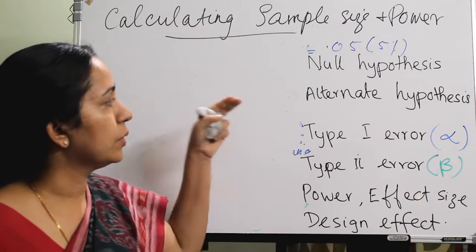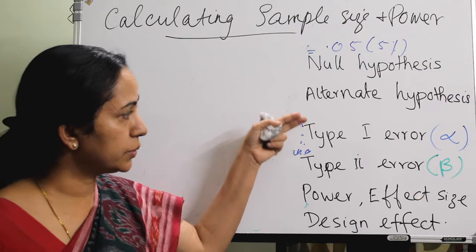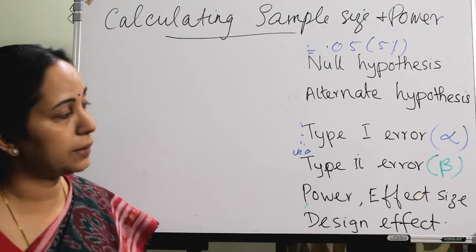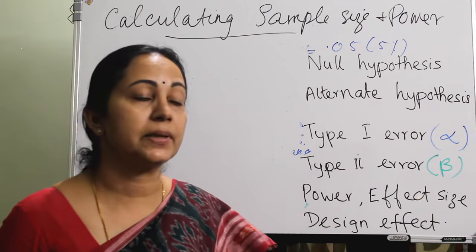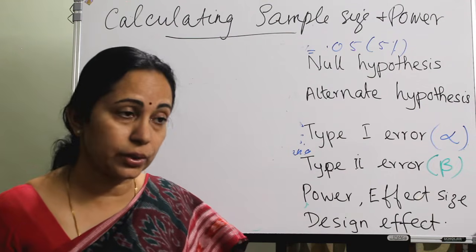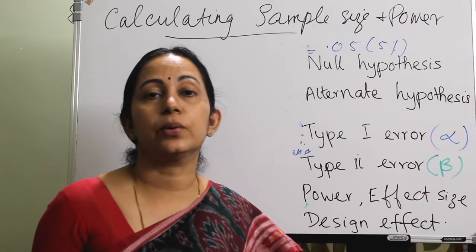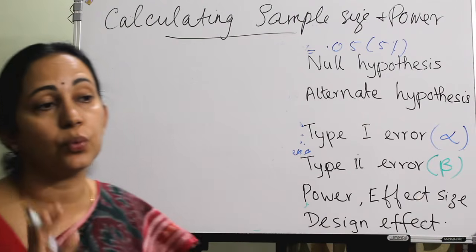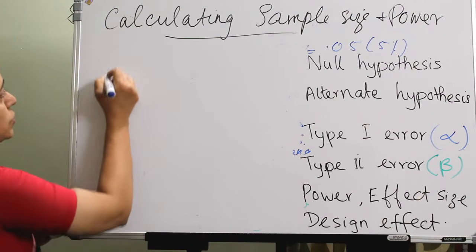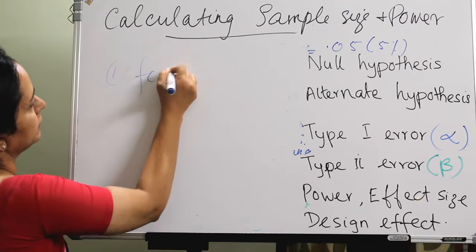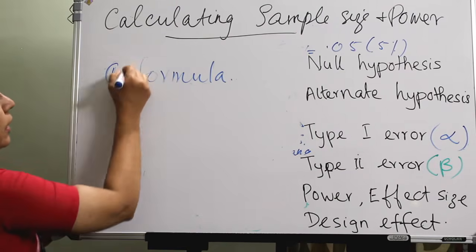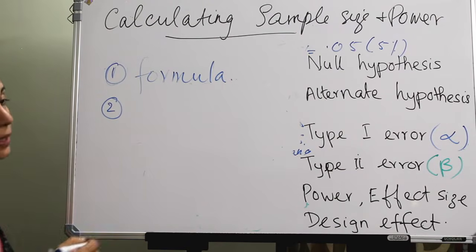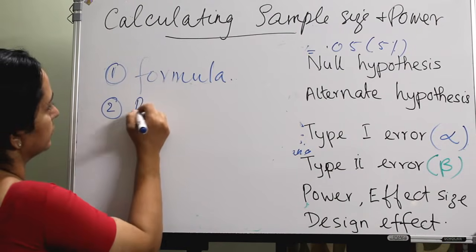Okay, so you did all that, you looked into additional parameters like alpha error, beta error, power, effect size, design, precision, accuracy, for all that. Now you can calculate the sample size by doing 4 methods. One is using formula. Okay, and the second is by preformed tables.